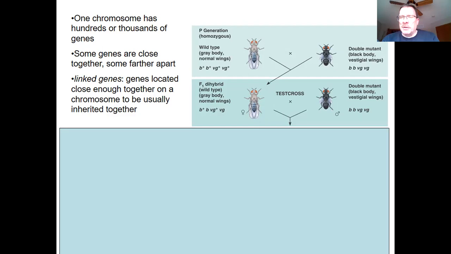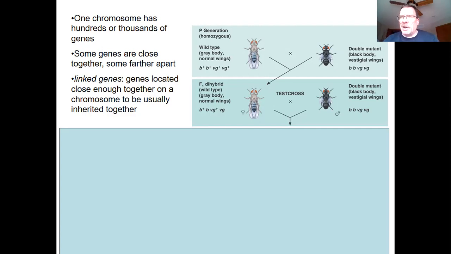When you cross those, you'll get a heterozygous female, a dihybrid who displays the wild type, gray body and normal wing phenotype. Now, as we said before, how do we know she's heterozygous? Way back with Mendel and purple and white flowers, we do a test cross. And so, again, with a male double mutant, we do a test cross.